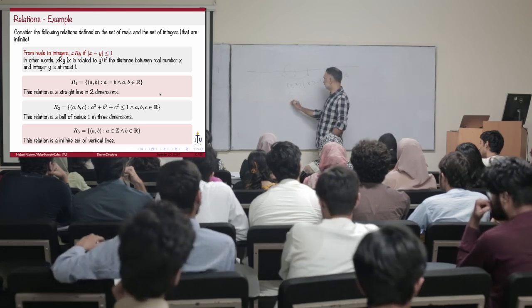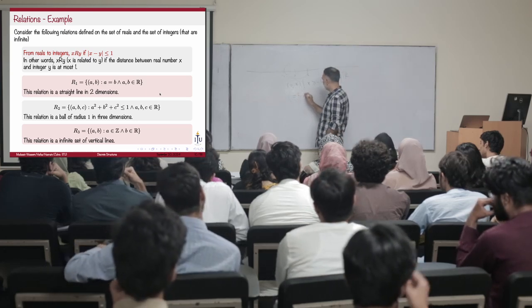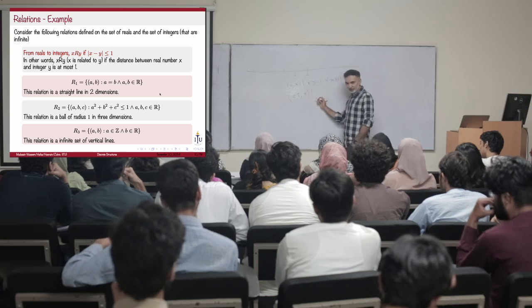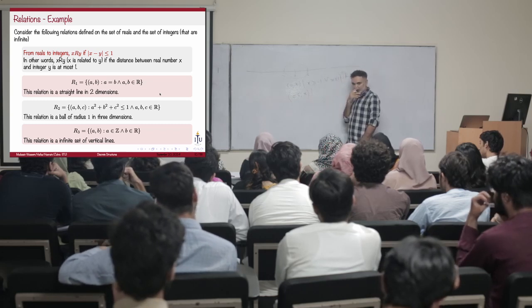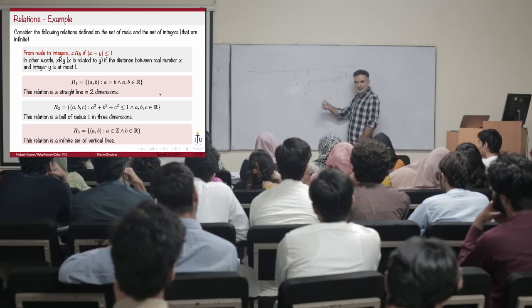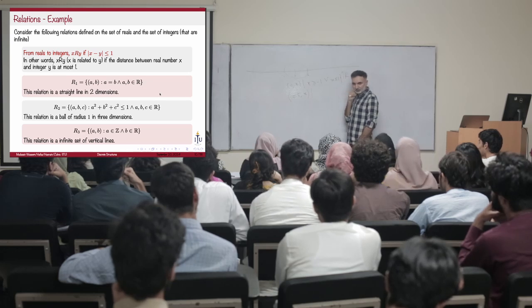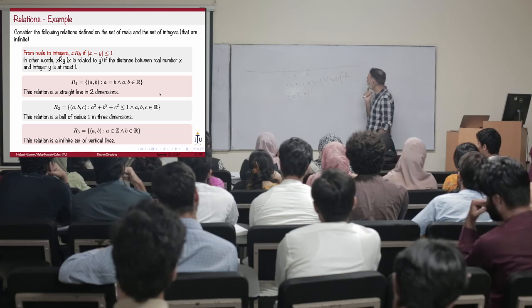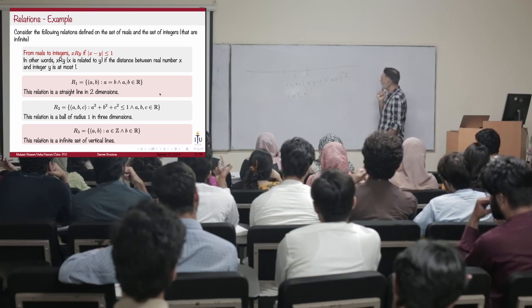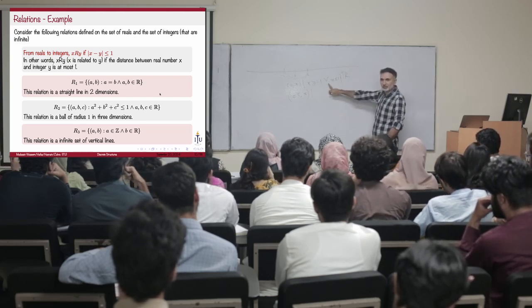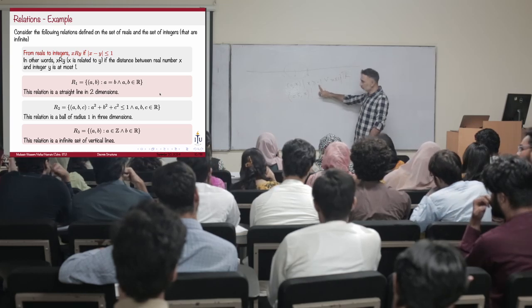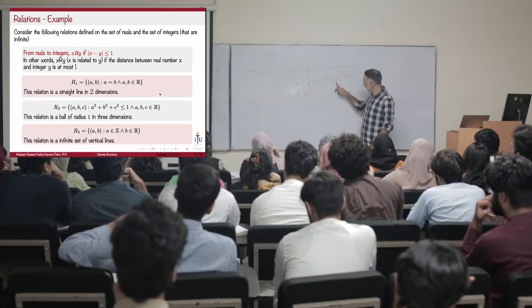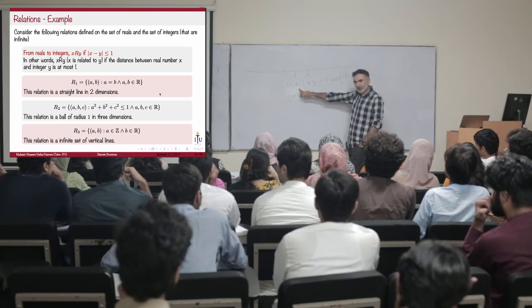Similarly, if I pick, for example, 0.5, what kind of x would I have? What would 0.5 be related to in this relation? If this condition is true, then also I will have that pair.